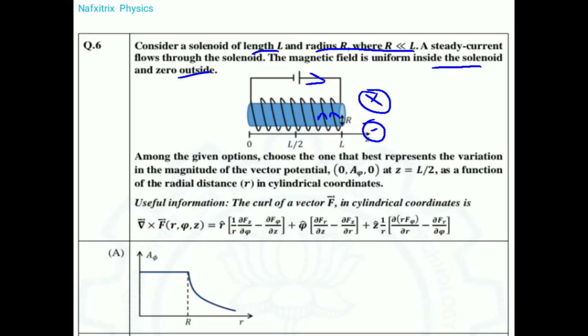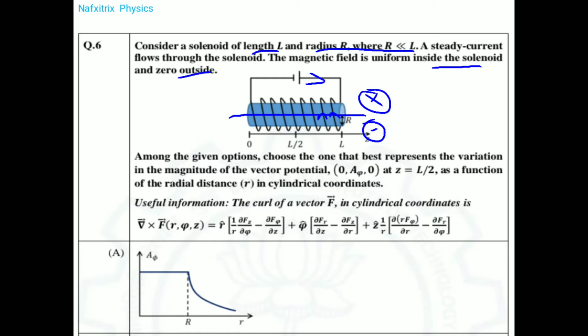Based on this we can say that the magnetic field is along the axis. As the current is circular, the magnetic field would be in the axial direction based on the right hand thumb rule, coming towards and moving away.